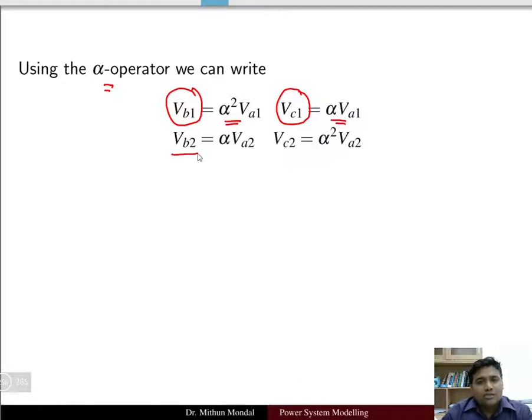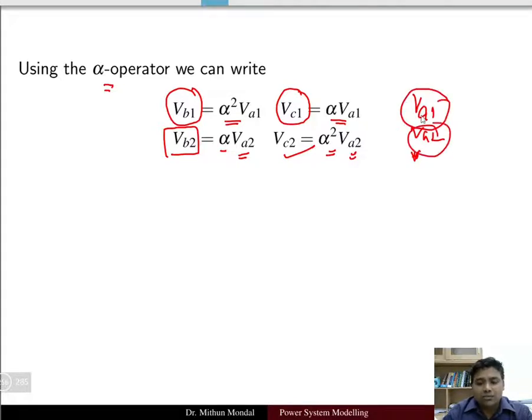The negative sequence component of B phase will be alpha times the negative sequence component of A phase. The negative sequence component of C phase will be equal to alpha square times the negative sequence component of A phase. So we are basically resolving every term in terms of A phase, whether it is VA1 or VA2, that is, the positive sequence component and negative sequence component.